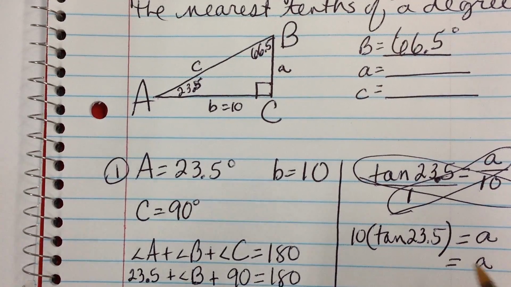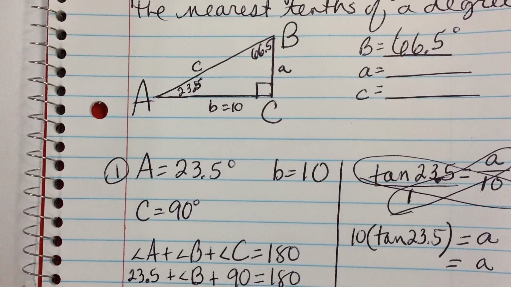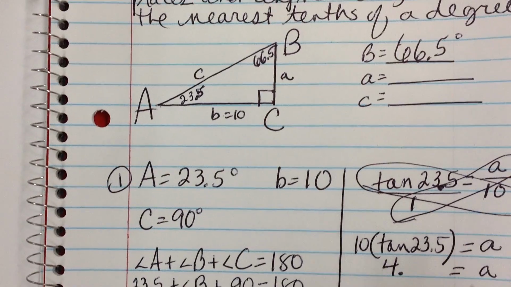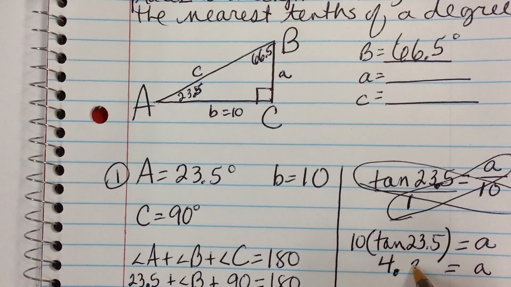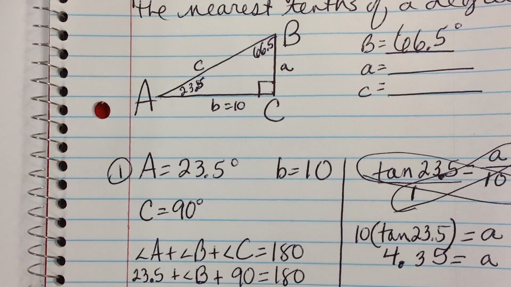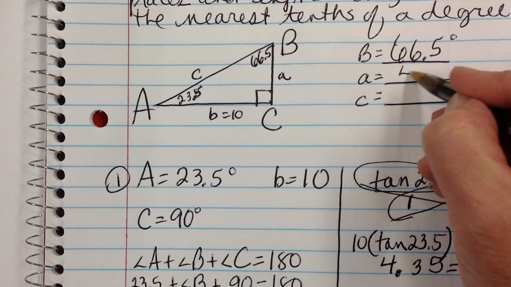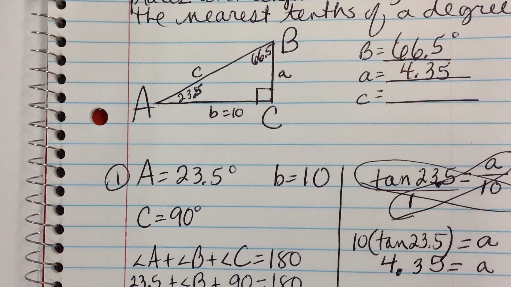So a is equal to, take your calculator and multiply 10 times tangent, and make sure that your calculator is in degrees, 10 times tangent of 23.5. When you do, you get 4 point, and we're supposed to round lengths of sides to 2 decimal places. So I get 4.35. That's my length of a. So a is 4.35.